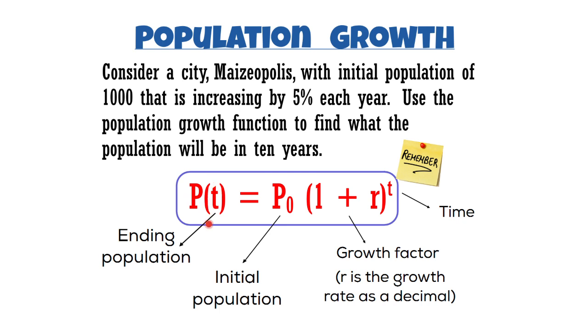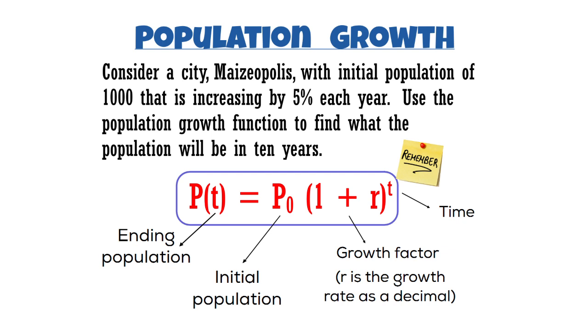Here's your ending population. Yes, that's what we were using. Instead of an A, it's a P sub 0. That's the initial population. Yes, that's what A was; it was always the initial. But instead of a B value here, I've got this expression 1 plus r. This is still going to be the growth factor, but it's used when your growth factor is given as a percent.